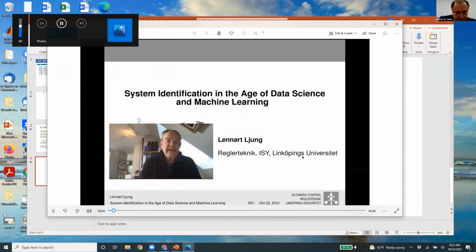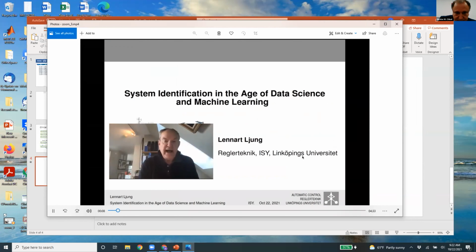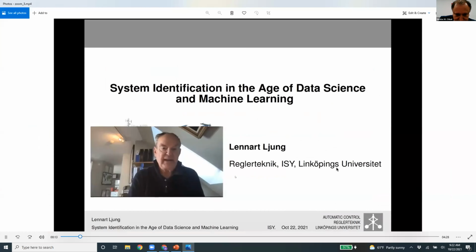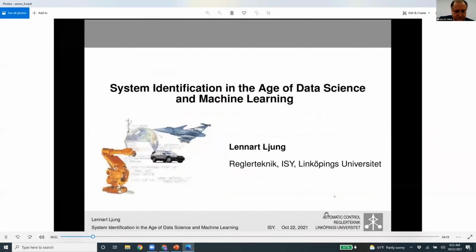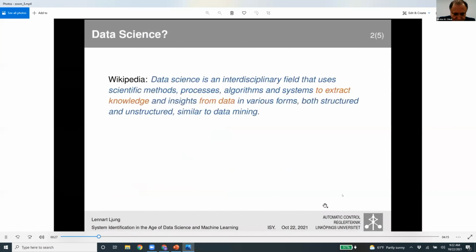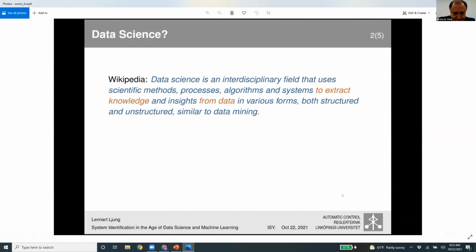Good morning. My name is Lennart Ljung from Linköping University in Sweden. I have been asked to kick off this meeting by saying a few words about system identification in the age of data science and machine learning. Data science is an important and slightly hyped topic in today's science and engineering.